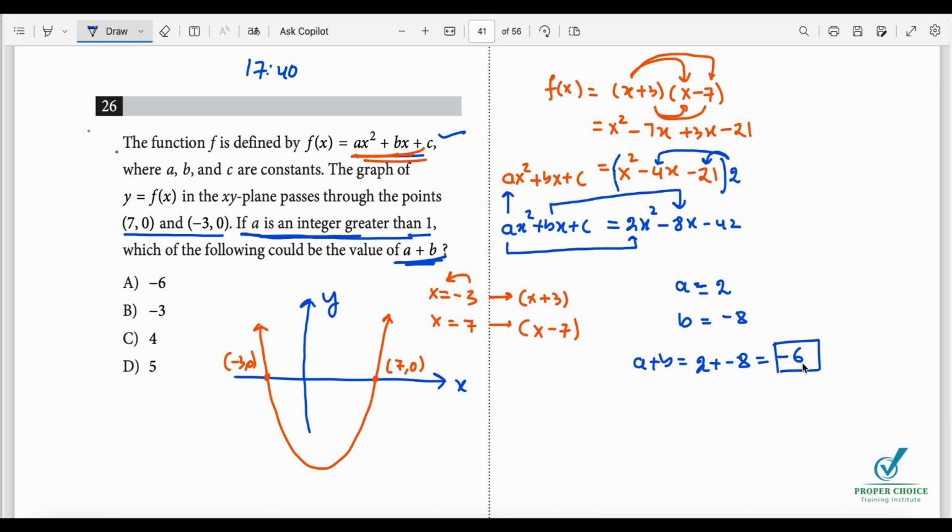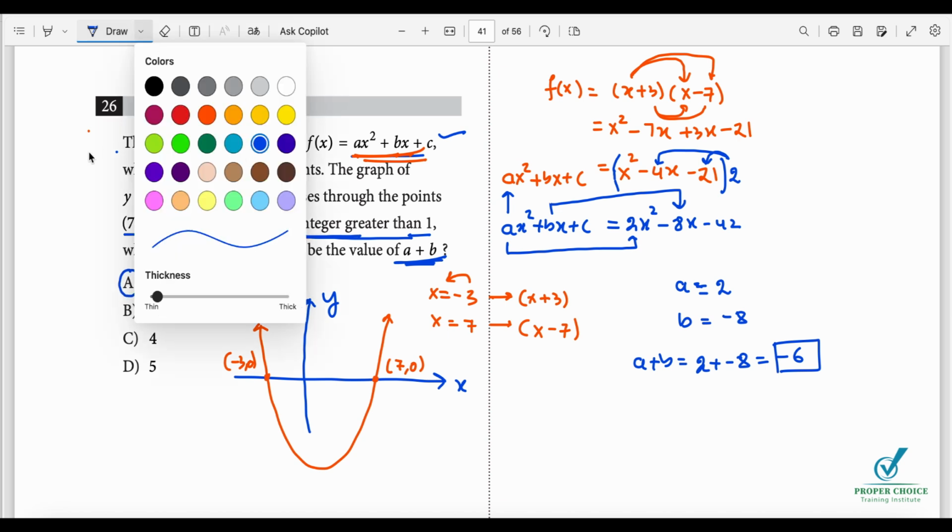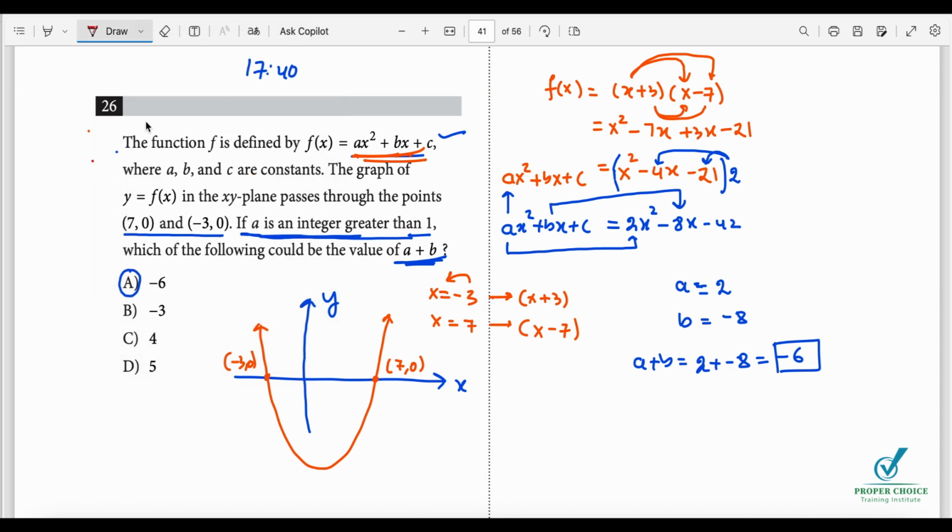But in case negative 6 is not a choice, then take the value of a as 3 and repeat the process. Now I am just showing some extra things. As I said, what if a is some other number apart from 2? I can also take a as 3, and when we are considering a value as 3, how does this expression turn out? If you multiply this by 3, then it becomes 3x squared minus 12x minus 63.